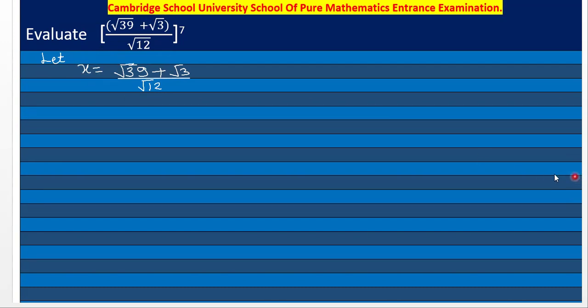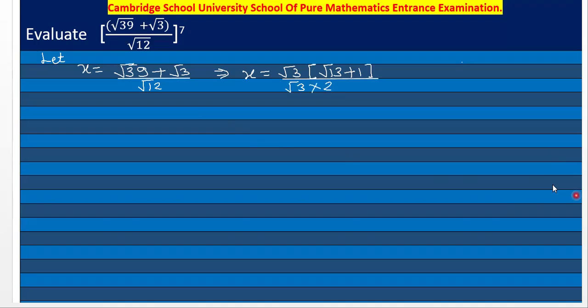Further simplification, we have x is equal to square root of 39, which can be written as square root of 3 times square root of 13. We can take square root of 3 common in the numerator, so what is left inside is square root of 13 plus 1, over square root of 12, which can be written as 2 into square root of 3.